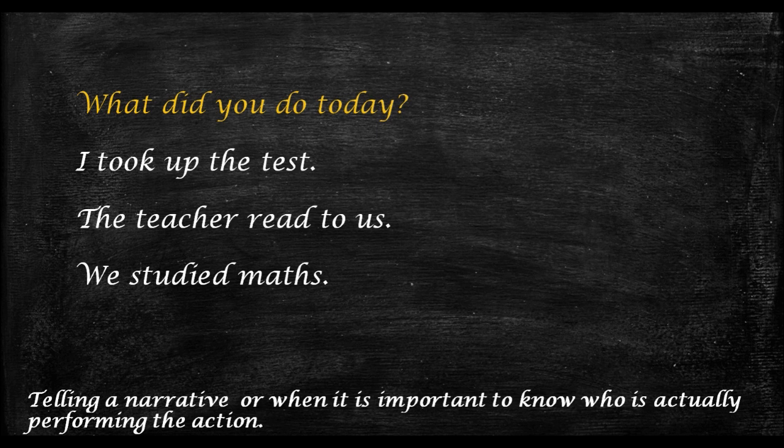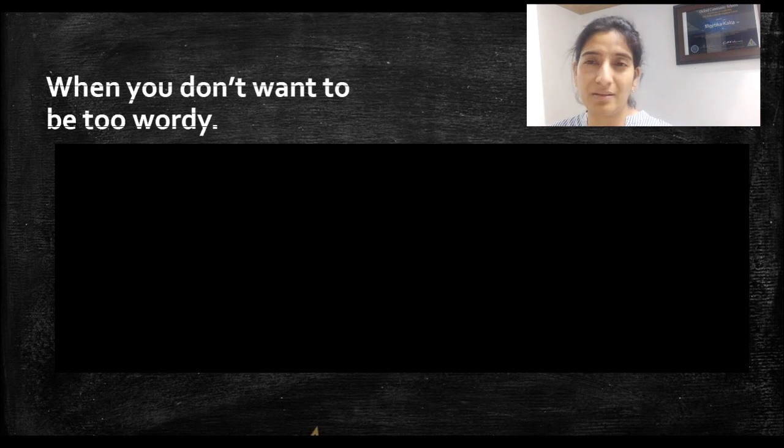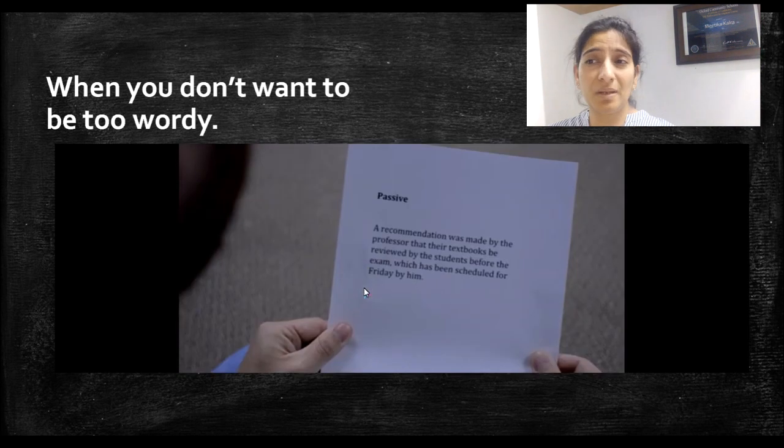voice becomes imperative. Sometimes it is imperative to use active voice because the overuse of passive voice can make your sentence muddled and unclear. As an example of excessive passive voice: recommendations made by a professor that their textbooks be reviewed by the students before the exam which has been scheduled for Friday by him.